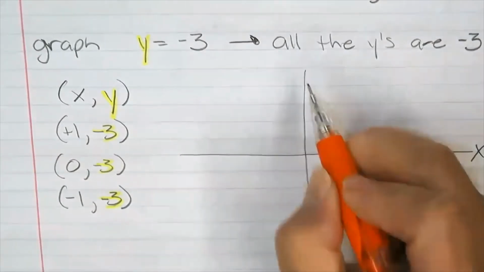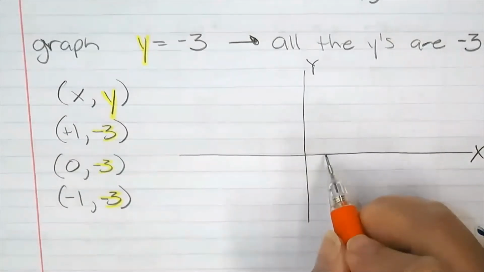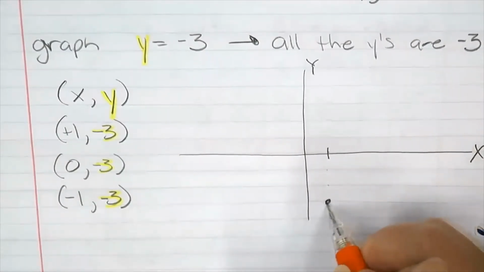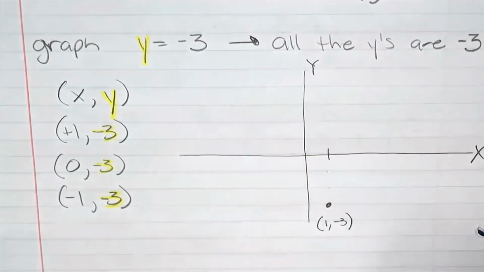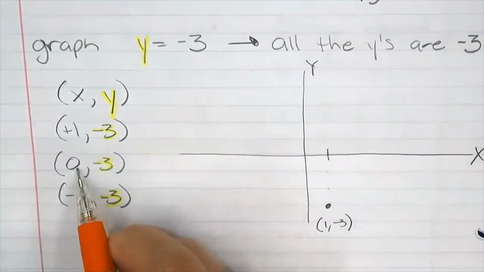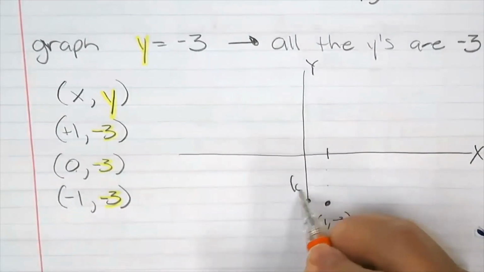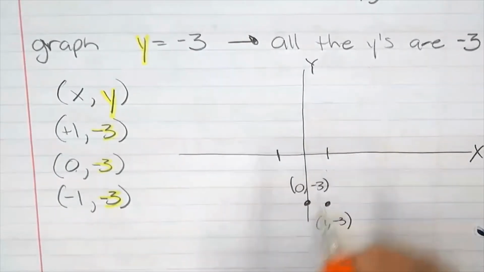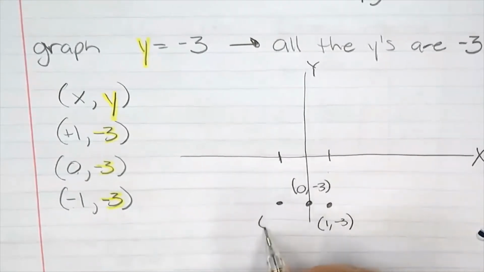Here's my x-axis, my y-axis. I go over 1, down 3. 1, -3. I find 0 and I go down 3. 0, -3. -1, -3.